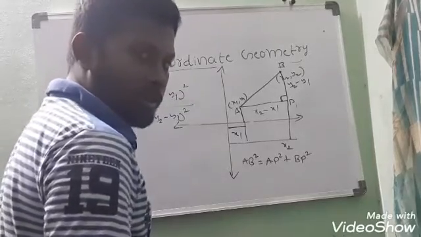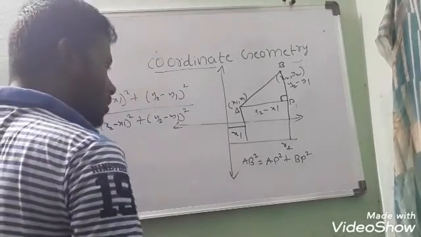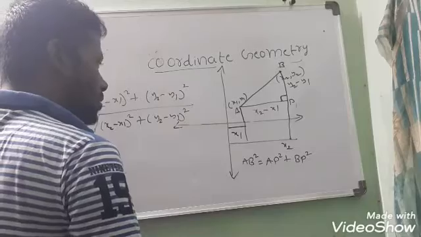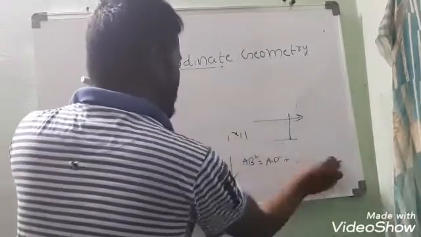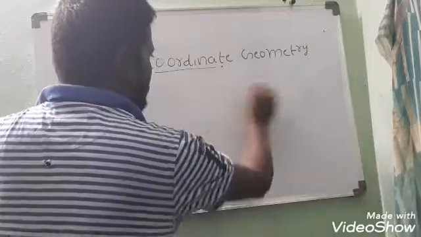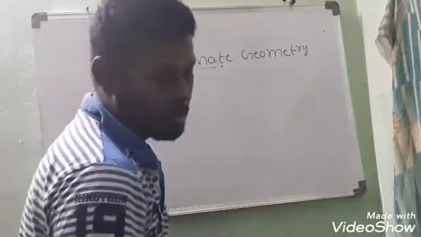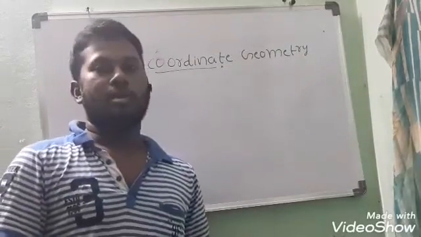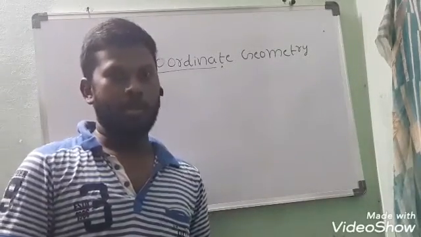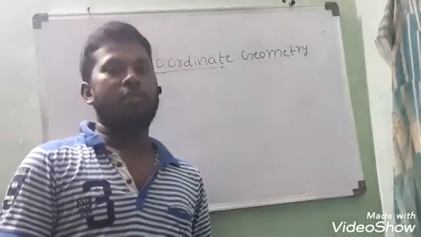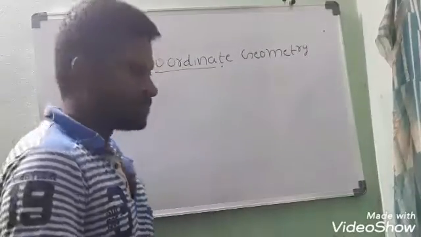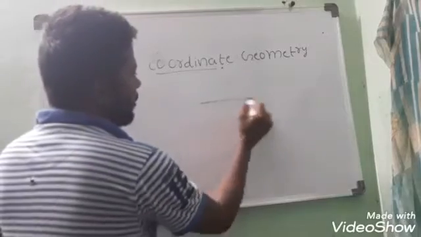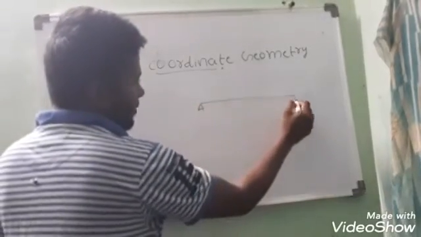Now the next topic is the section formula. Section is nothing but division, dividing. Let's assume that we have a line segment AB.